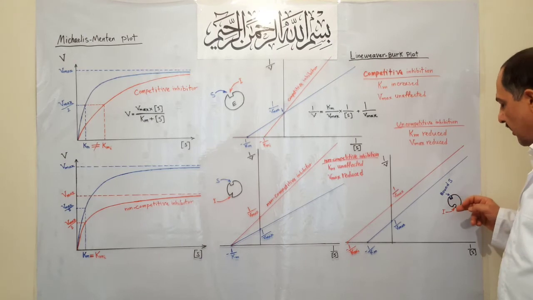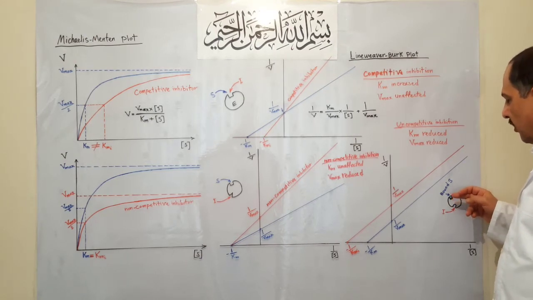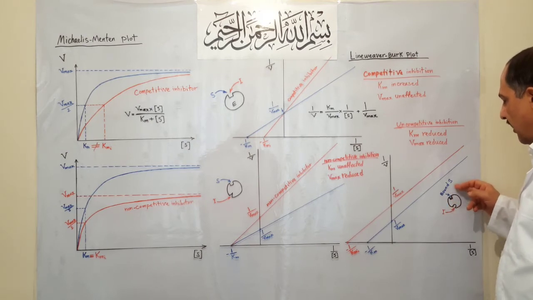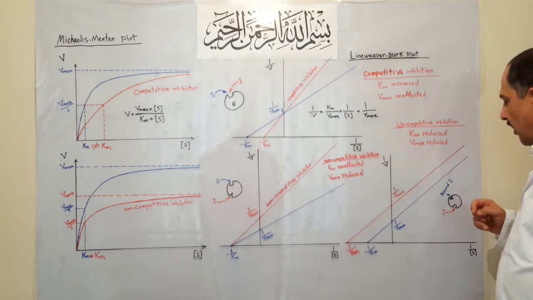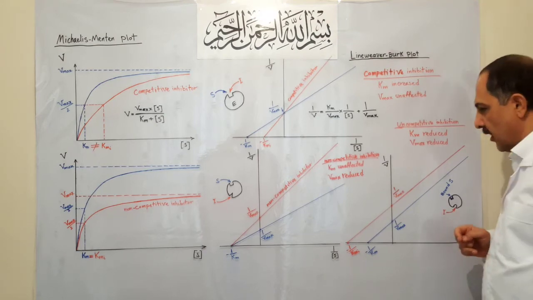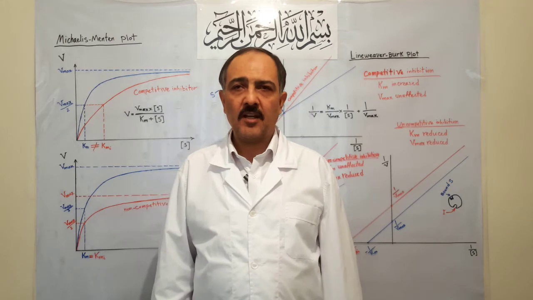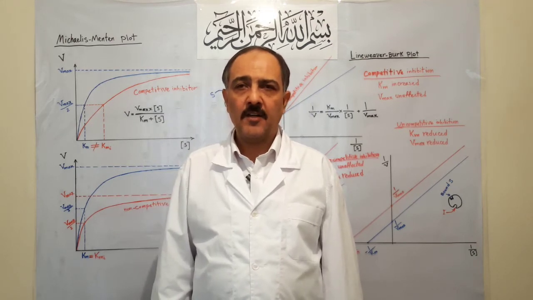After binding of inhibitor to enzyme-substrate complex, no product is formed. Also, the inhibitor structure is not similar to that of substrate. Please pay attention to Michaelis-Menten plot of this type of inhibition in a slide.